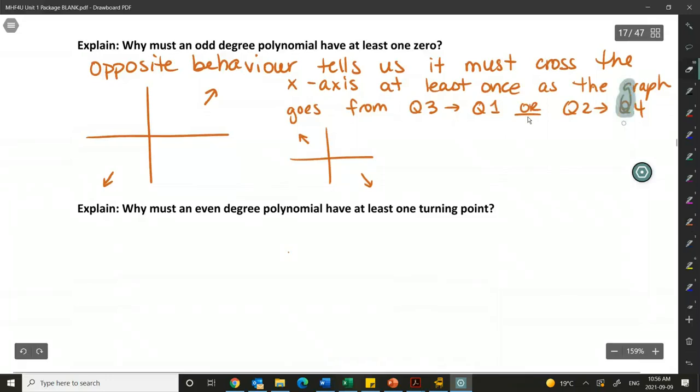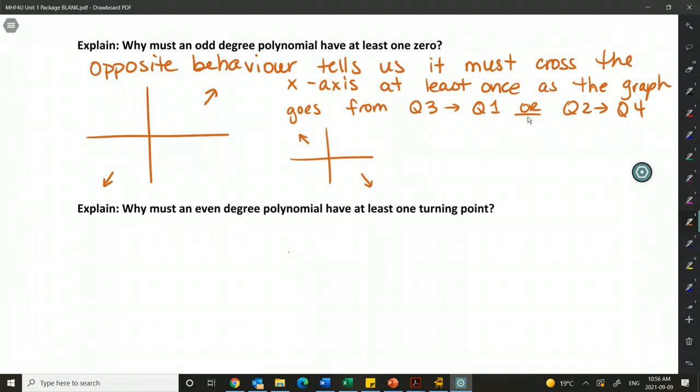Okay, what about the second one here? Why does an even degree polynomial have to have a turning point? At least one. Nick? Yeah, so it's U-shaped. So in order for that to happen, of course, we must turn somewhere in between. Do you have something to add, Rebecca?